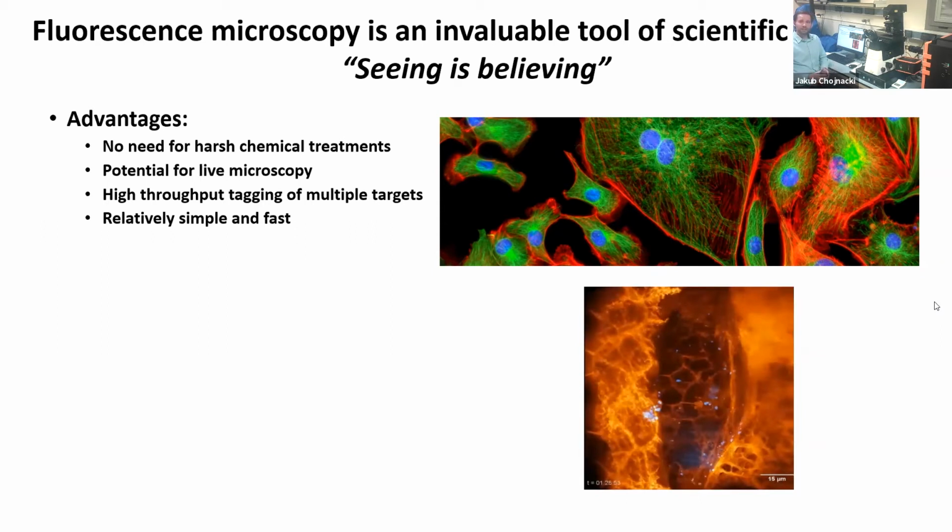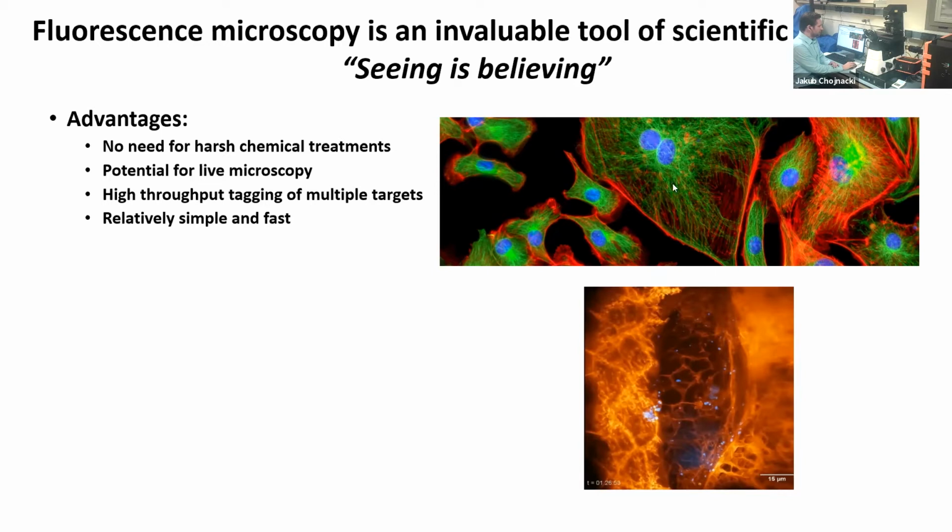Another very important thing is that fluorescence microscopy allows for specific tagging of multiple targets. And this is exactly what this picture on the top shows. With fluorescence microscopy, we can focus on very, very specific things that we want to observe and study, and not worry about all those other things which we do not want to look at. So here you have images of the cells on the top right.